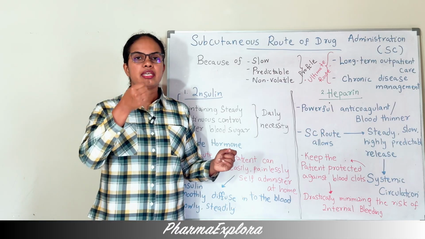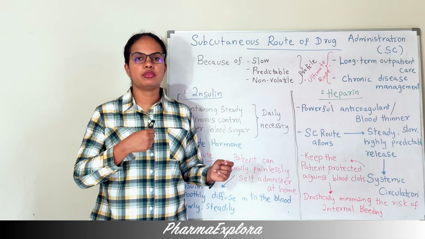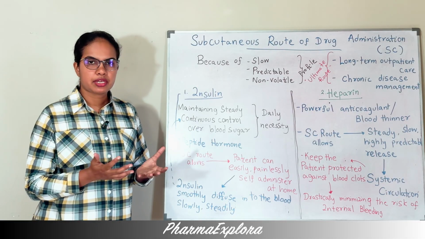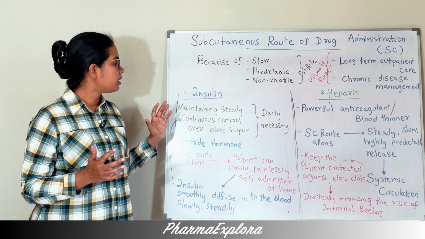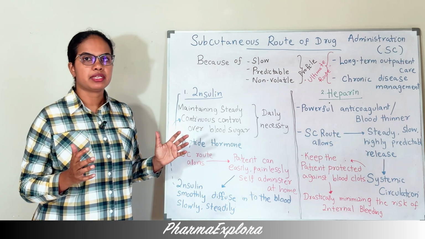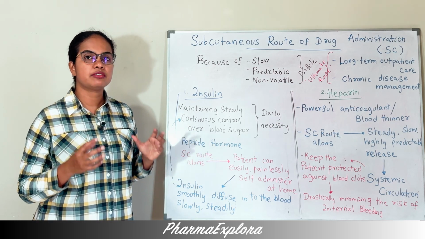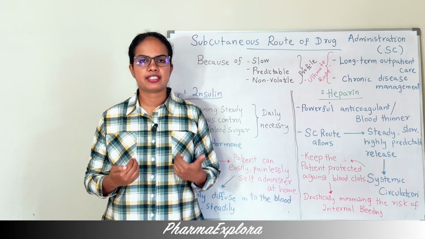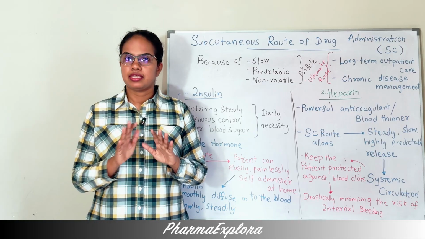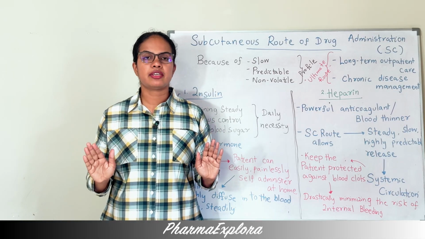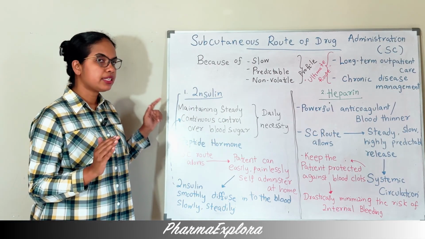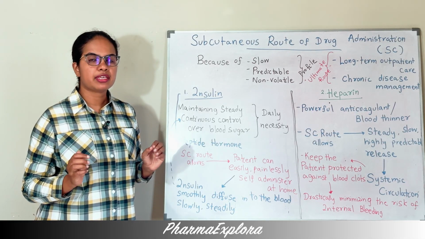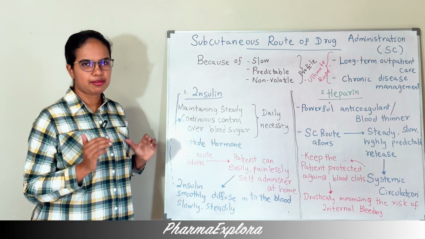So, if you take insulin as a pill through your mouth, once you swallow it and it travels down to your stomach, the harsh environment of the stomach will destroy this insulin completely. Insulin is destroyed by the acidic environment of the stomach as well as the digestive enzymes. Therefore, the oral route is not an option for insulin. That is why pharmaceutical scientists developed the subcutaneous route of drug administration for this essential medicine.